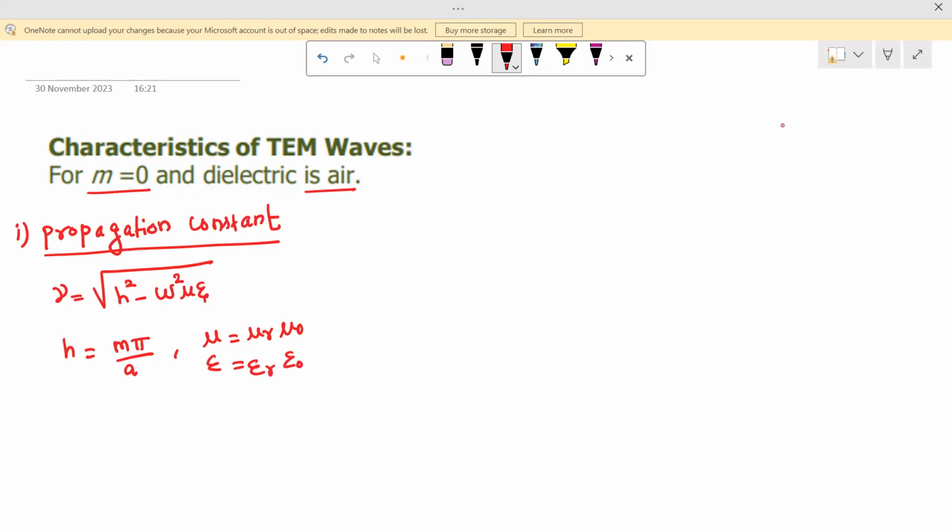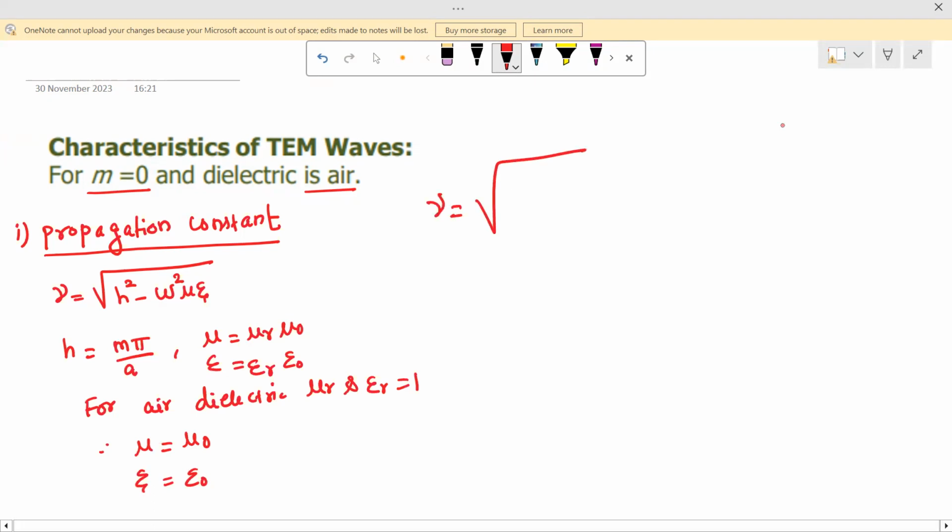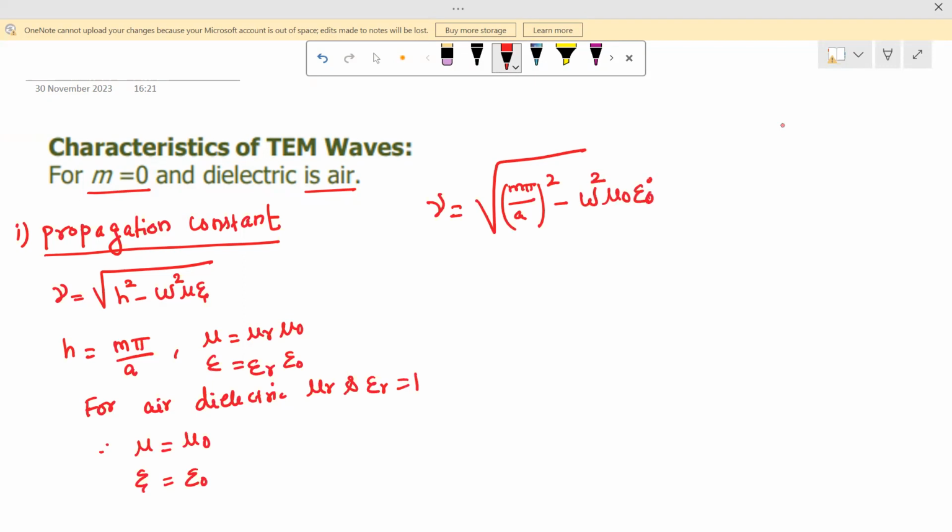If air is considered as dielectric, the value of mu r and epsilon r will be equal to 1. Therefore, mu will be equal to mu naught and epsilon will be equal to epsilon naught. So, the value of gamma can now be written as root of (m pi by a) whole square minus omega square mu naught into epsilon naught.